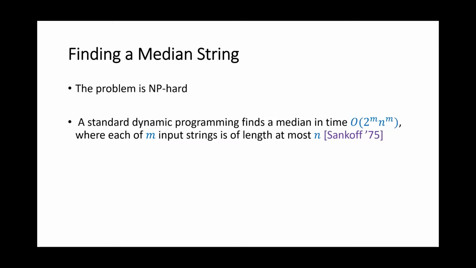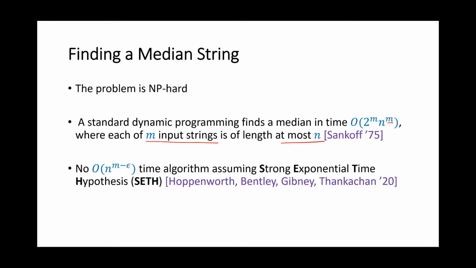So this median string problem is known to be NP-hard, but there is a standard dynamic programming algorithm which finds it in 2 to the m times n to the m time. So basically exponential in m, where m is the number of input strings, each of length at most n. And it is also known that under the strong exponential time hypothesis, we cannot improve that algorithm much. More specifically, we cannot get an order n to the m minus epsilon time algorithm.